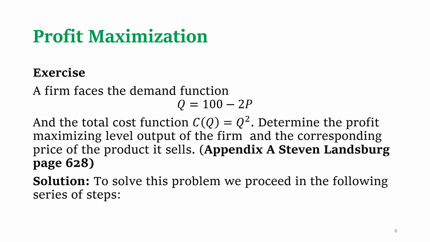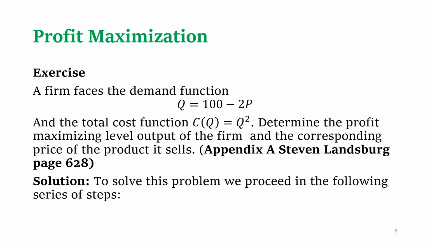So what we do here, we transform this demand function to an inverse demand function. If we take the 2p to the other side of the equation, it becomes 2p equals 100 minus q, because if we transfer the q to the right and the minus 2p to the left, it becomes 2p equals 100 minus q.